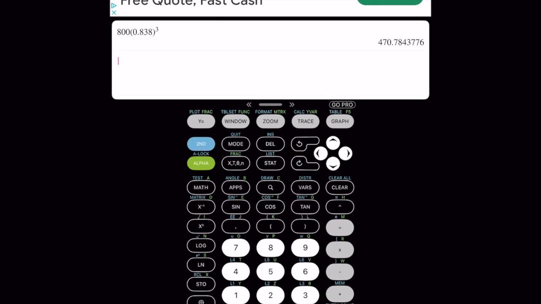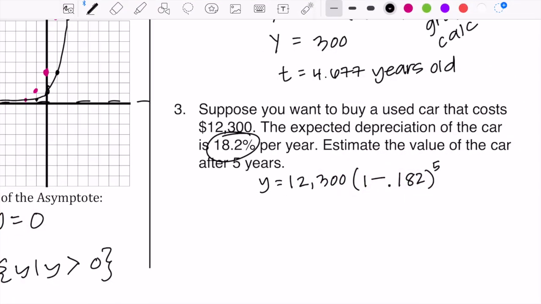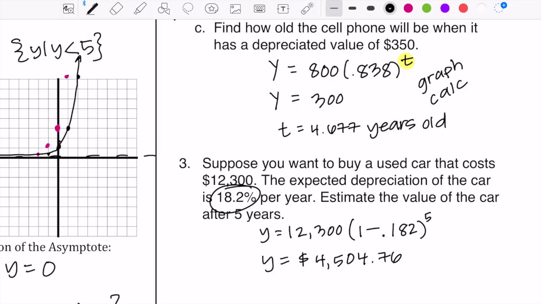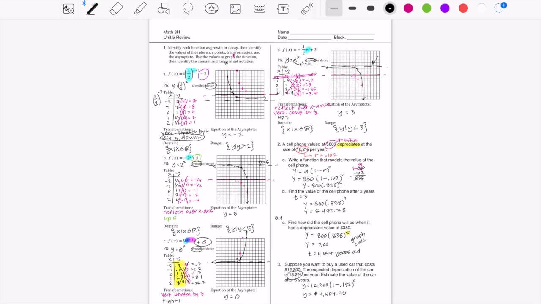We're just going to plug it in right here. 12,300 times 1 minus 0.182 raised to the 5th power, and we get $4,504.76 because we know how to round properly. Okay, we're gonna switch it to the next page.